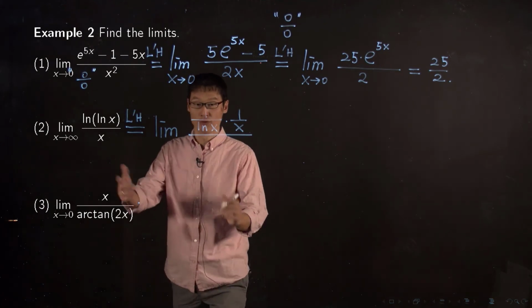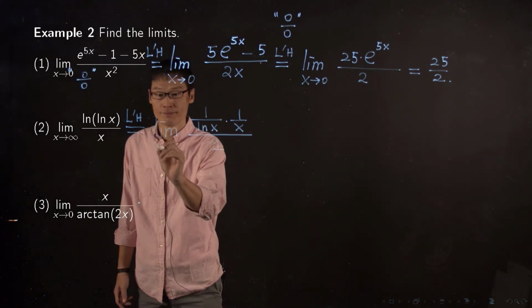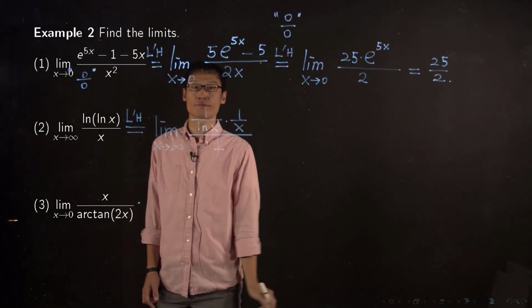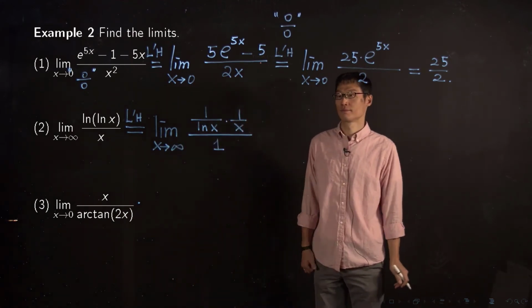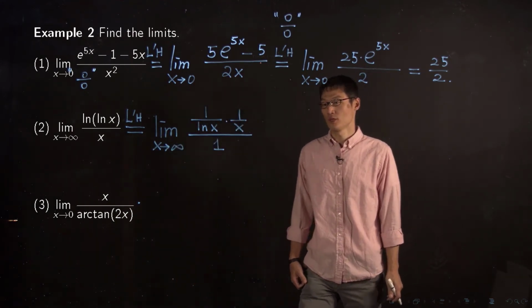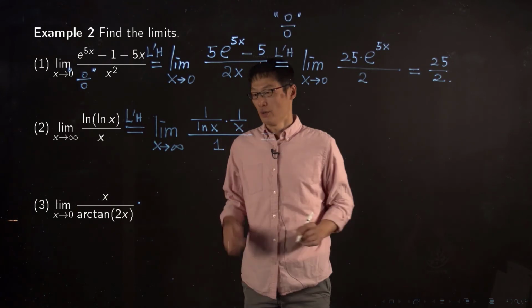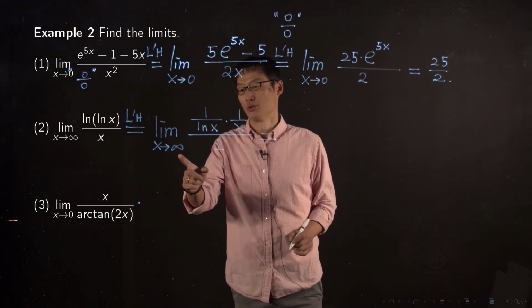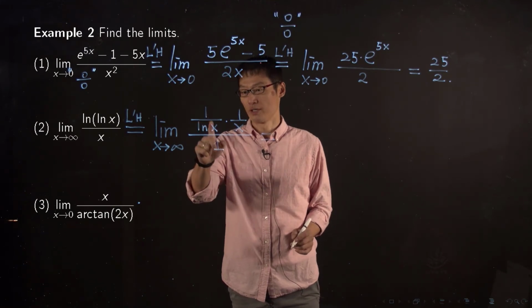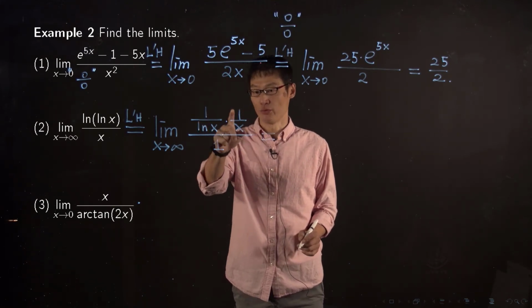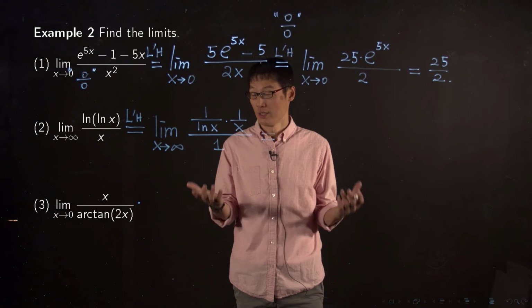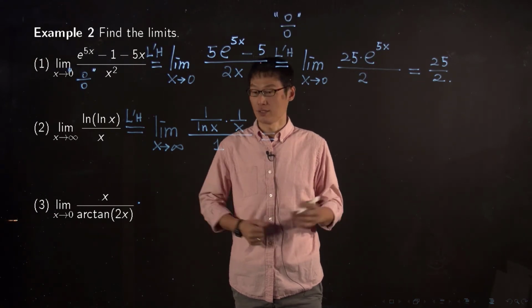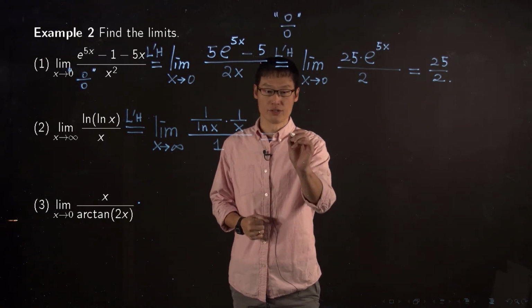And then again, the derivative of 1 is simply 1. This unbounded value will give you 1 over an unbounded value times 1 over an unbounded value. So you can find the limit, basically 0.